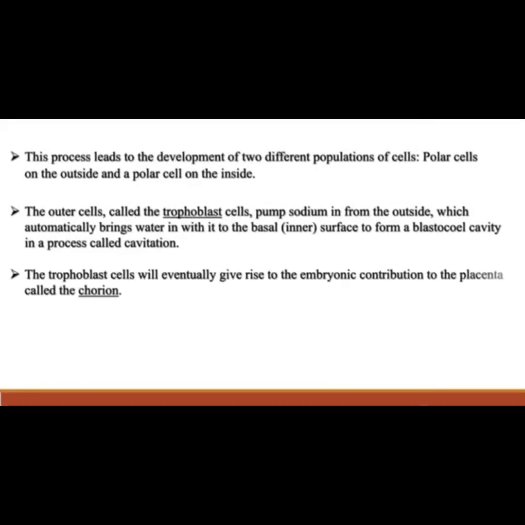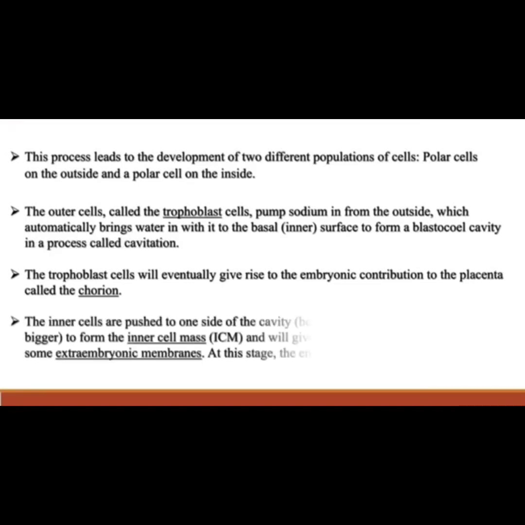The trophoblast cells will eventually give rise to the embryonic contribution to the placenta called the chorion. The inner cells are pushed to one side of the cavity, because the embryo isn't getting any bigger, to form the inner cell mass, and will give rise to the embryo and some extraembryonic membranes. At this stage, the embryo is called a blastocyst.